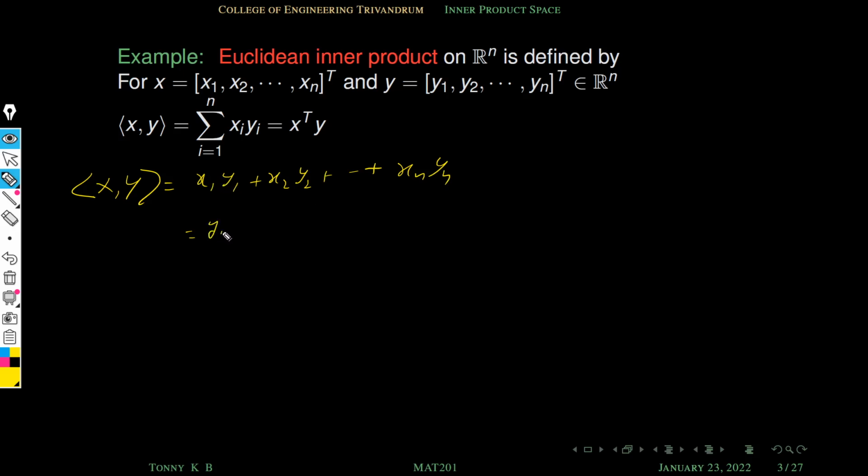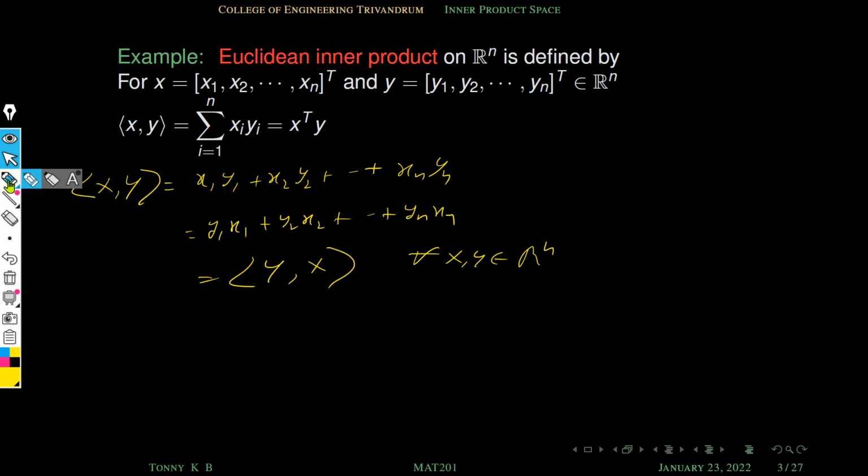That means we can write this as y1 x1 plus y2 x2 etc. plus yn xn, because this is our normal multiplication between numbers. And by definition of inner product, this is our inner product between y and x. This is true for all x comma y belongs to Rn. So the function satisfies our fifth condition also.